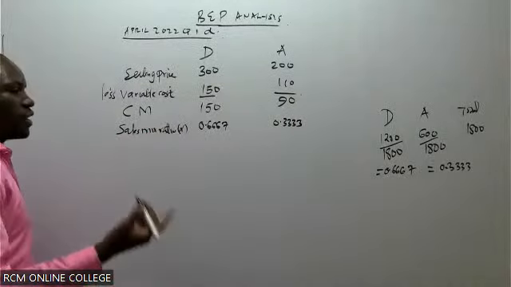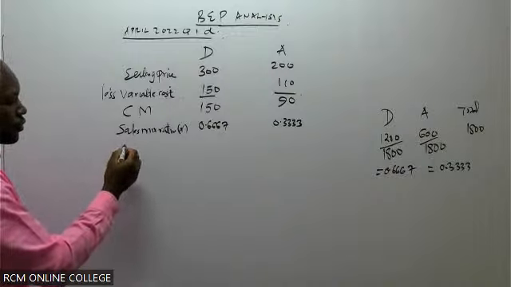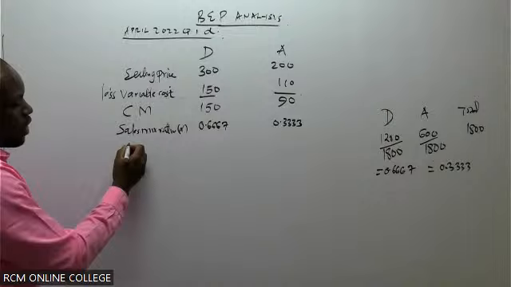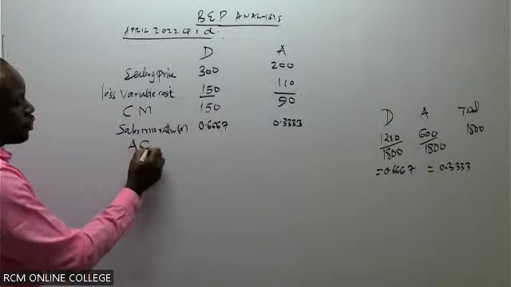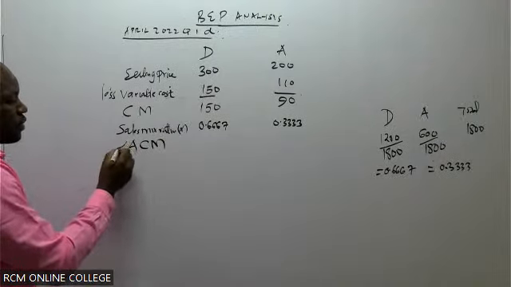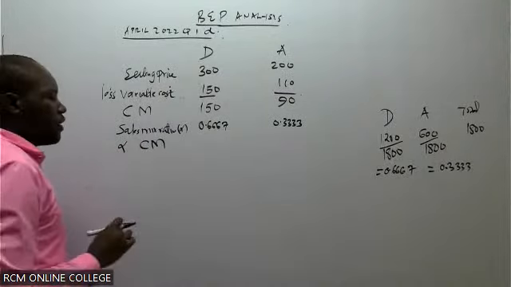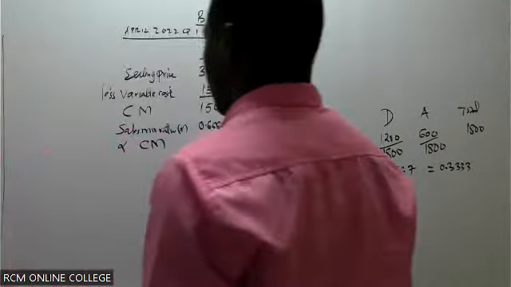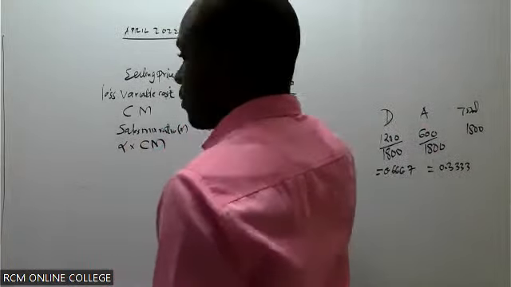Good. Once you have your sales mix ratio, you should be able to give us the average contribution margin: alpha multiplied by contribution margin. What are you getting here?